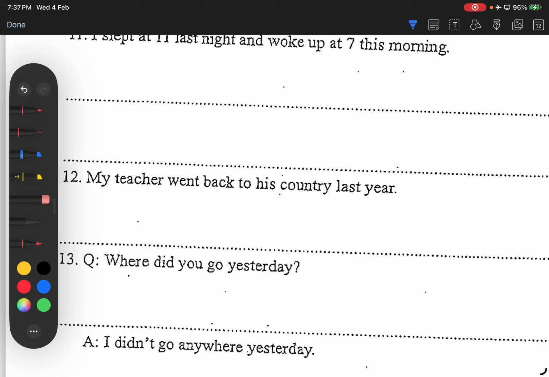So what is my teacher? 私の先生。Then the particle, subject particle. Wa. Subject particle is wa. So after you say watashi no sensei, wa. Then your time. What is the time here? Kyonen. Okay, continue with the sentence.